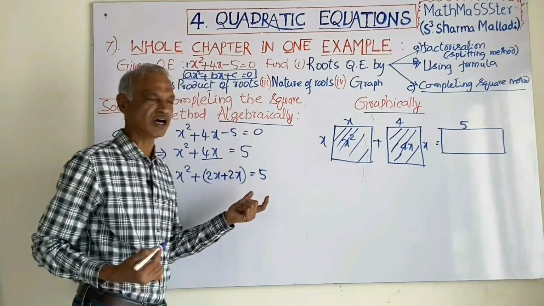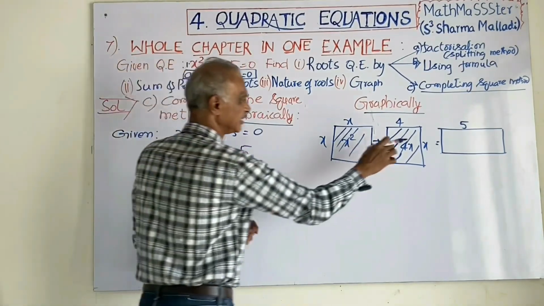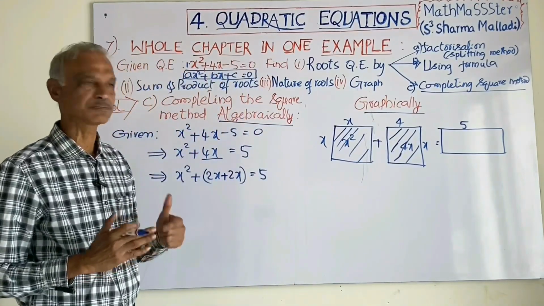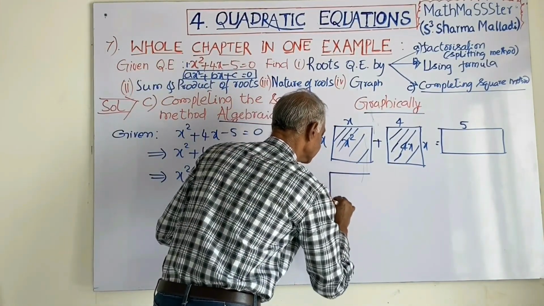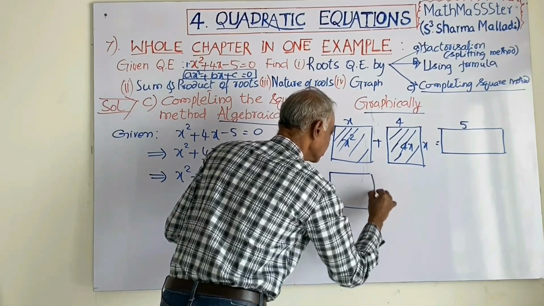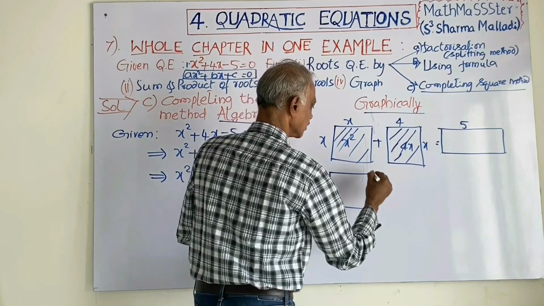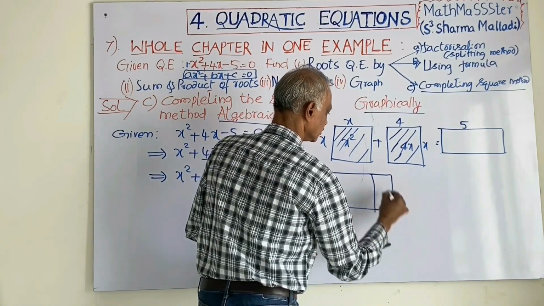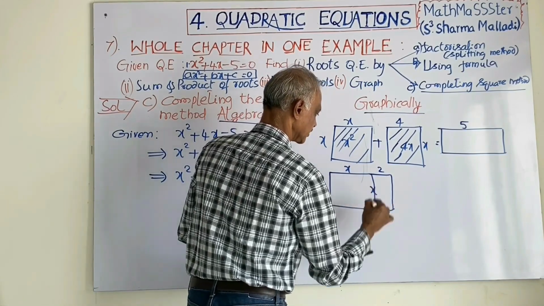Similarly, in the graph, x square you take as it is. You divide this 4x into 2x plus 2x. This can be written as 2x plus 2x. This is 2 and this is x and this is also x.